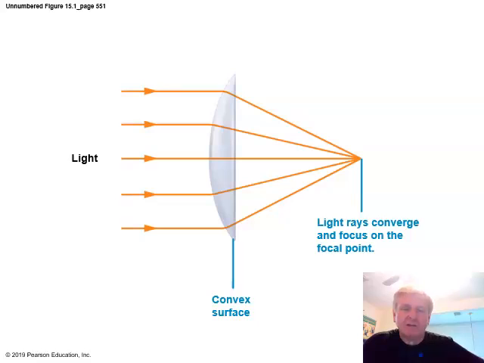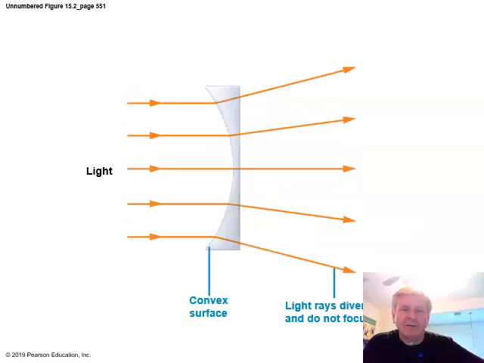But a convex lens is one that converges light. In other words, light rays as they enter, if they're looking at a distant object, will be almost parallel. A convex lens, which is thicker in the middle than the edges, will converge or bring all the light rays to a focal point. Whereas, on the other hand, a concave lens is thicker on the edges but thinner in the middle.